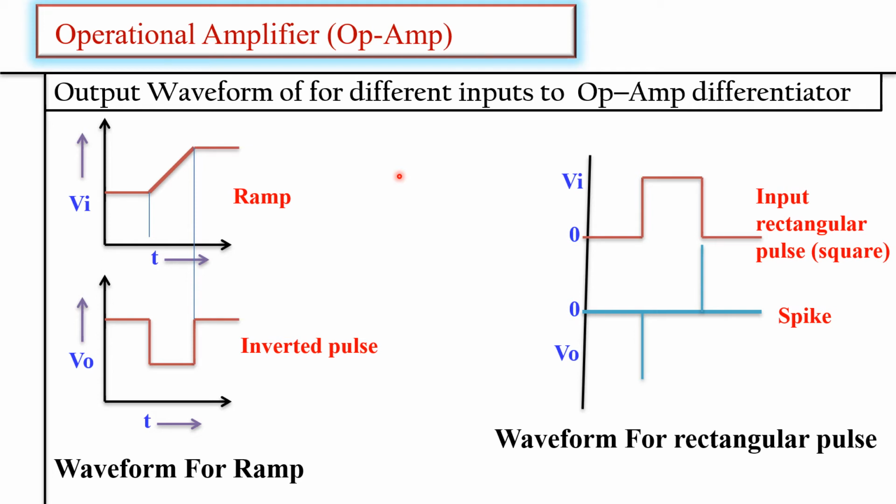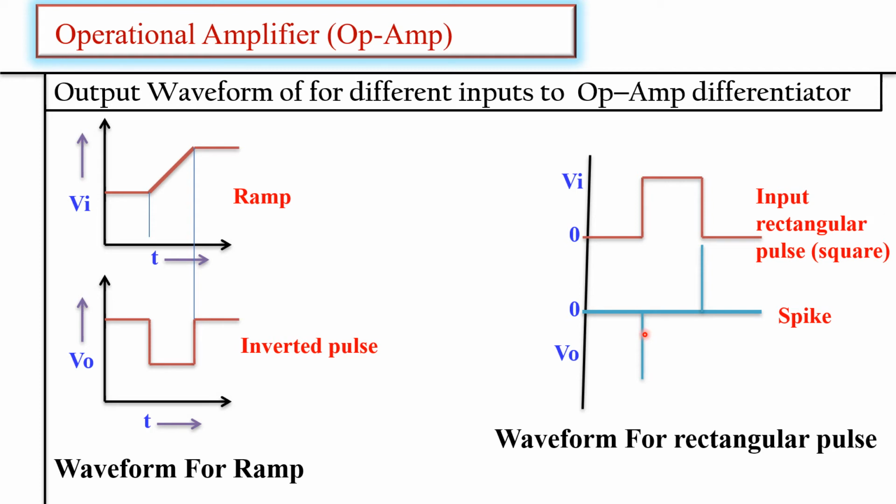On the other hand, suppose we apply a square wave, which has a very fast rise time. At the output, you will get spikes. We get a very fast transition: here it is going up, then the spike goes down, coming down here, then up again, right?